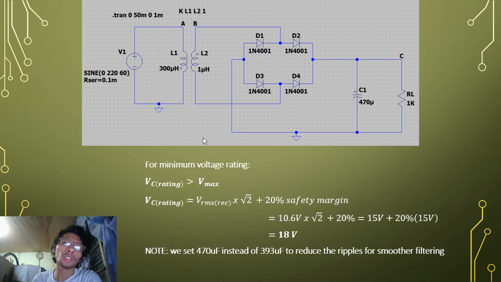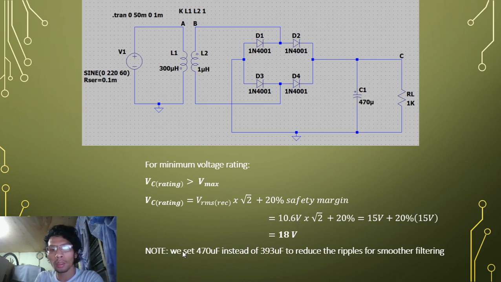For the minimum voltage rating of the capacitor needed, VC rating should be greater than V maximum. So the capacitor voltage rating is equal to V RMS, or the V rectified, times square root of 2 plus the 20% safety margin. Then the equation will be 10.6 volts times square root of 2 plus 20% is equal to 15 volts plus 20% of 15 volts, that is 18 volts.